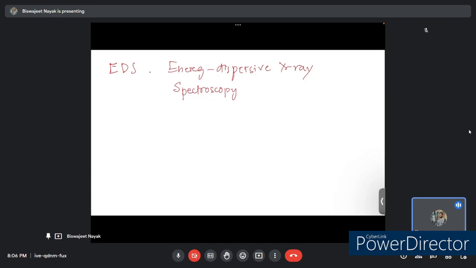And this EDS can detect X-rays from all elements for atomic number greater than 4. Why are we using this energy dispersive X-ray spectroscopy?